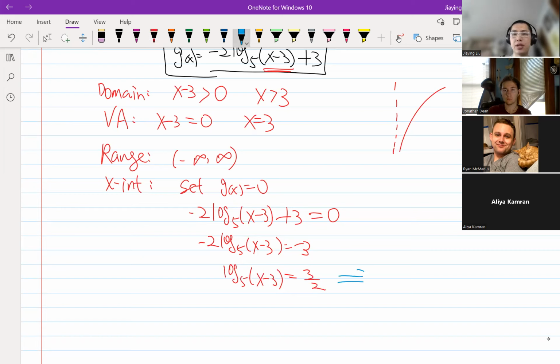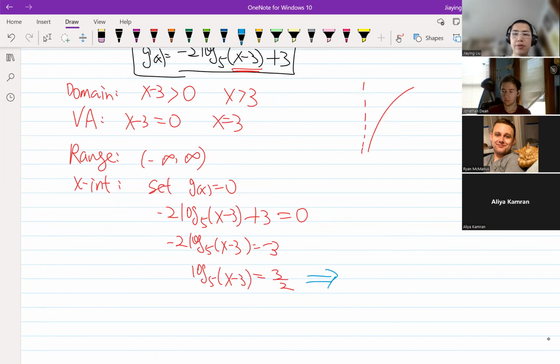So the base 5 is still the base 5. And then this part next to the base 5 and this part away from it, they're going to switch. So we get 5 to the 3/2 is equal to x minus 3. And then from here, we add 3 to get x by itself. So we get x equals 5 to the 3/2 plus 3.